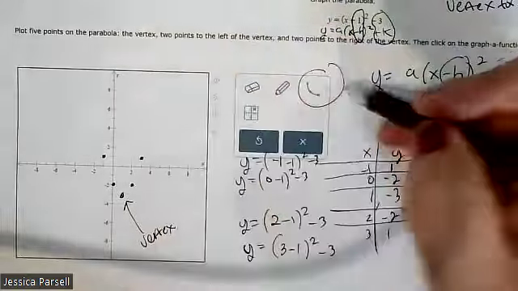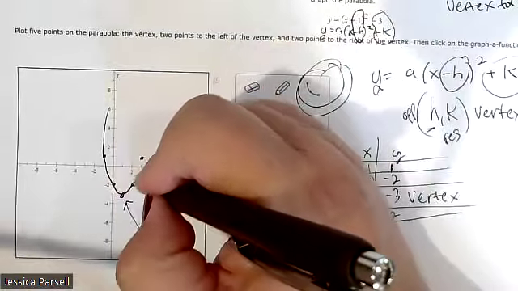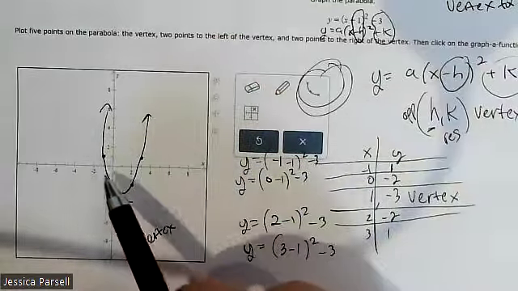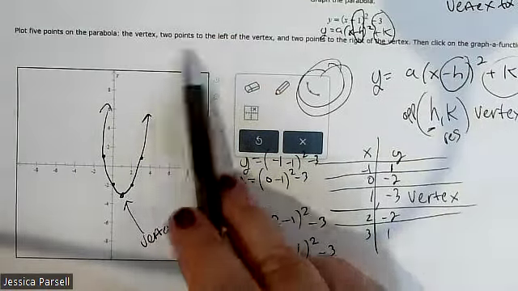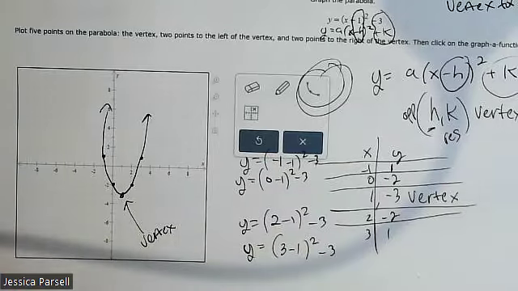So when you hit this graph of function, it should come in and catch all those points, right? And we did exactly what they wanted. We did find 5 points, 1, 2, 3, 4, 5, 2 points to the left and 2 points to the right. So hopefully that's helpful. I can see why that also is a highly missed problem. It takes some work. And you got to be really careful.